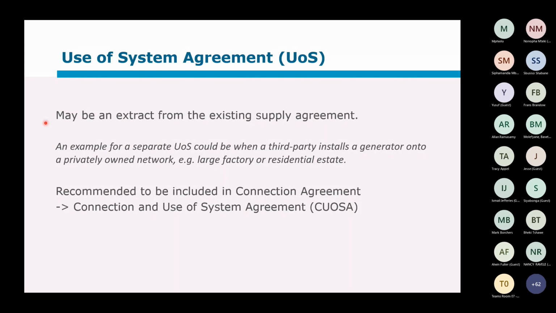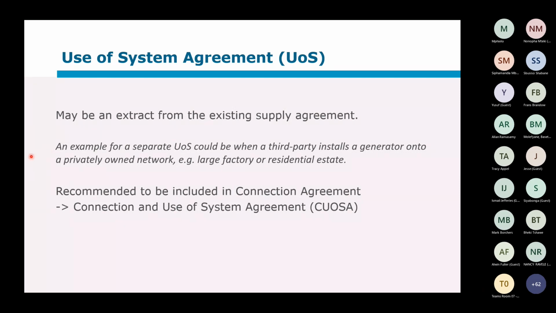An example that I have seen is that you have a fairly large customer, a large factory, a mine, even a residential estate. They've got some space and somebody puts up a generator on there. And then there is some use of system or wheeling type agreement between the owner of that property and the new generator.